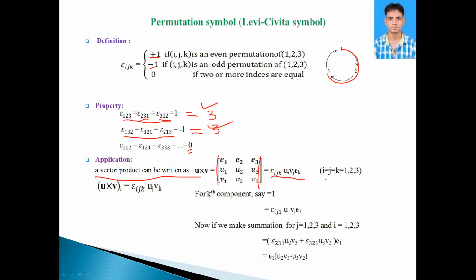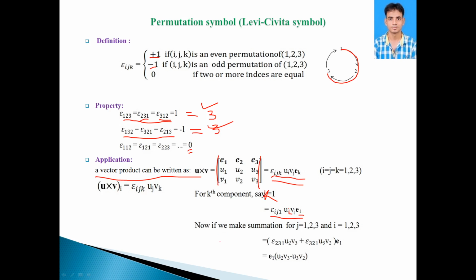Now if we take an example for the kth component, say k equal to 1, that means we can write epsilon ij1 ui vj e1.